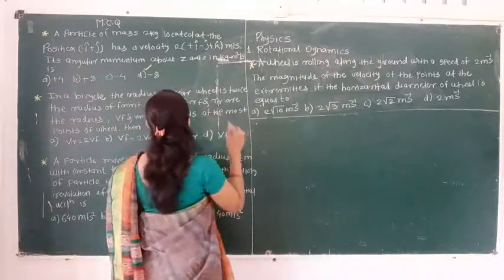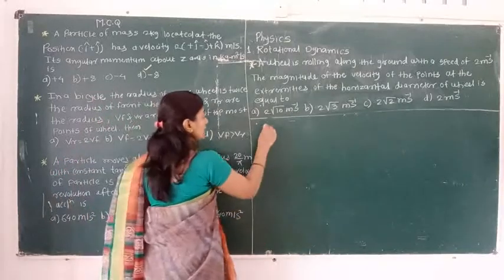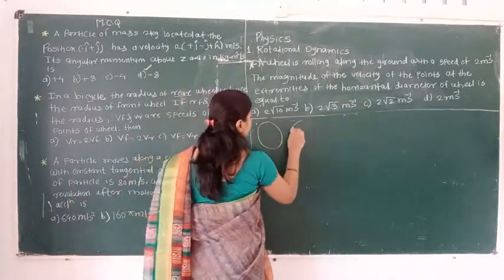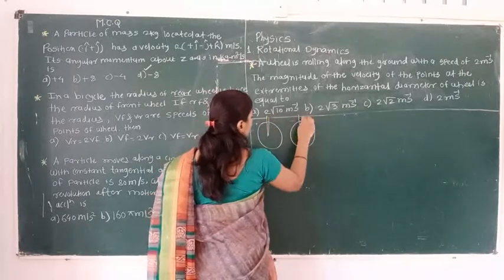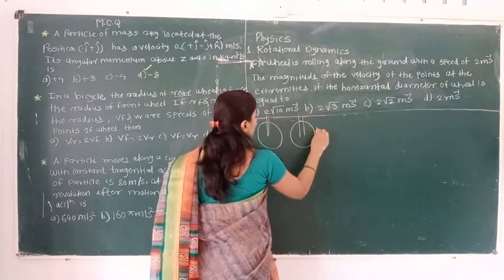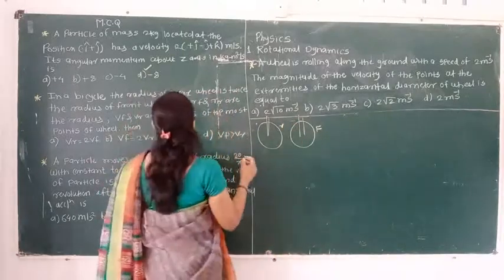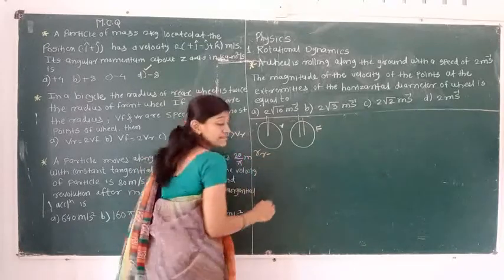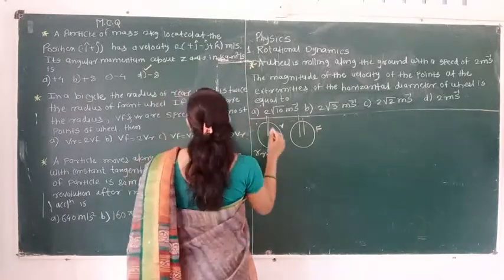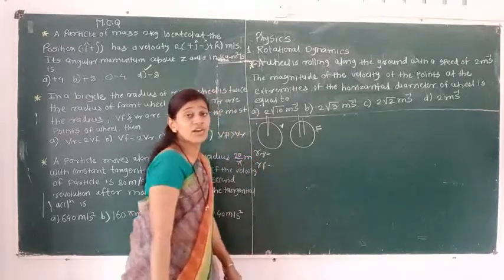Here we know the rear wheel means the backside wheel. In a bicycle, two wheels are present, interconnected to each other. We know that one is the front wheel and one is the rear wheel. So as per the given condition, RR is the radius of the rear wheel, and RF is the radius of the front wheel.